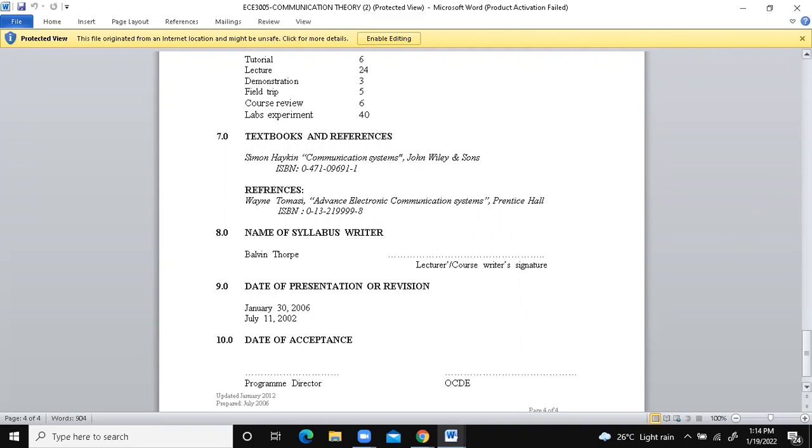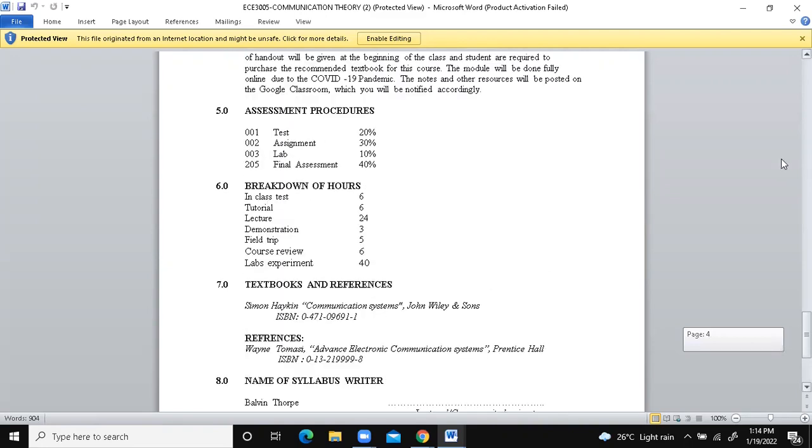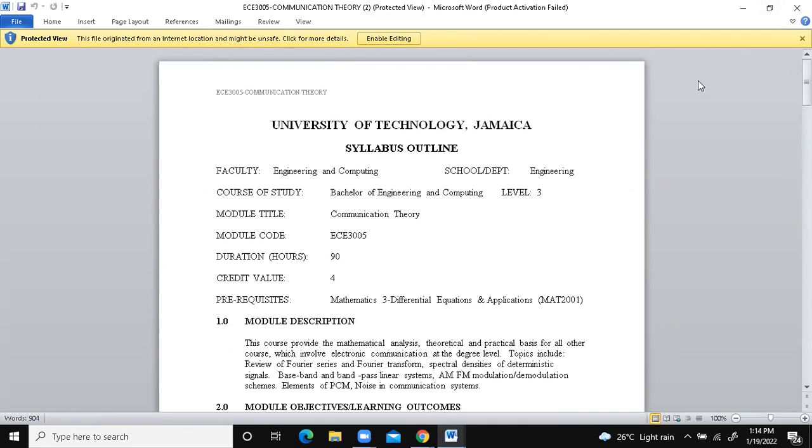Normally, the person who teaches this class is Dr. Balvin Thorpe. But he's off this semester, so I have to step in. It's a 4-credit course.